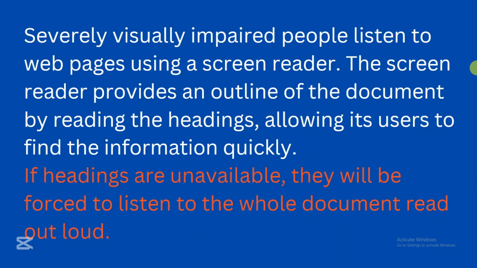Hence, they will be forced to listen to the whole document read out loud. However, if your web page has different sections with corresponding headings, when it gets to any particular section, that heading will be read out loud by the screen reader.